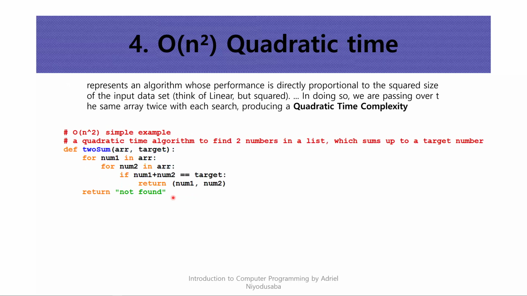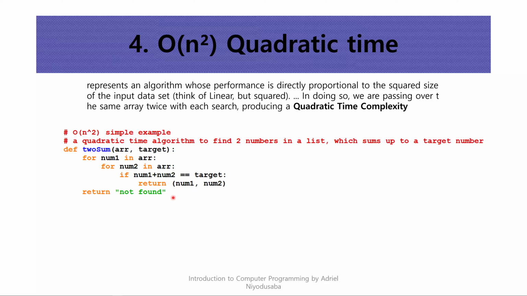Now the fourth time complexity is called quadratic time. Now this usually is, suppose I gave you a list and I asked you to check if we have any two numbers which sum to a target number. So what you would do is grab one number and look through all the remaining numbers to see if there is any number which can be added to my first number to make the target number.